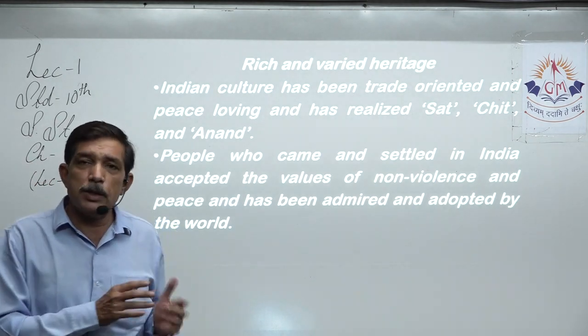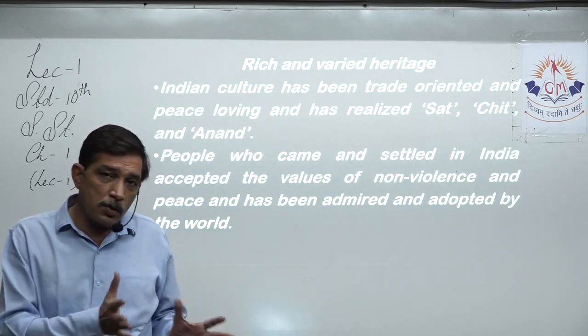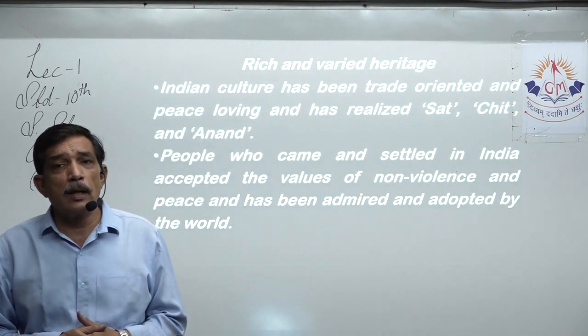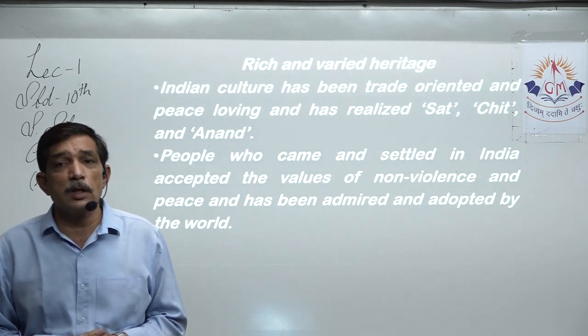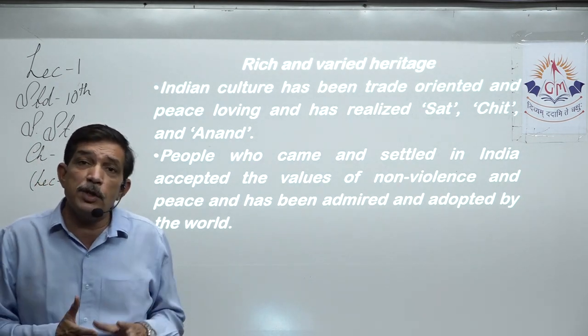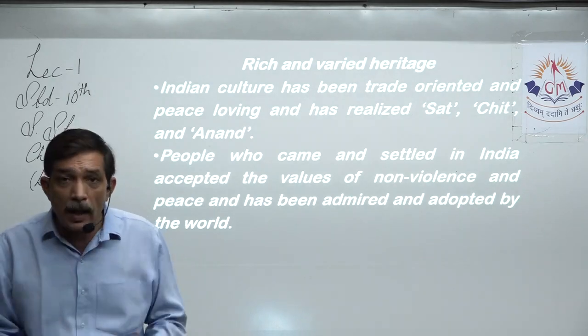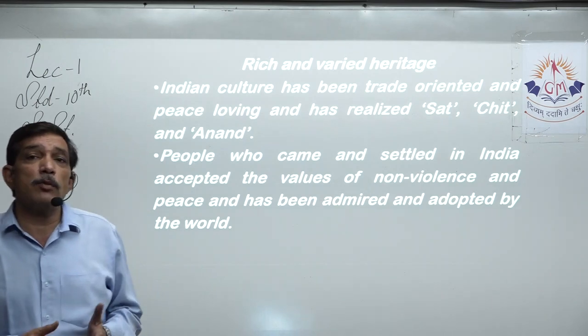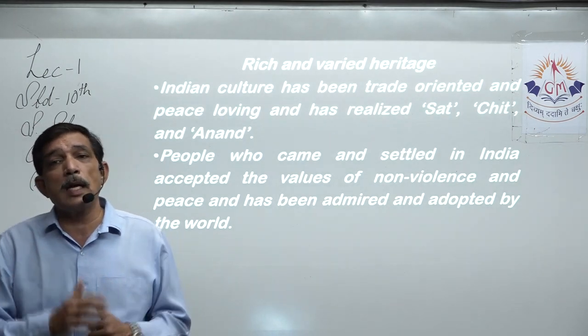I'm talking about ancient times, where the population was quite small and abundance of fertile land was available, which gave us lots of things to produce, which was not only sufficient, but we had lots to spare, so that we could sell it to outsiders, because outsiders came to India and wanted the things that Indians had.